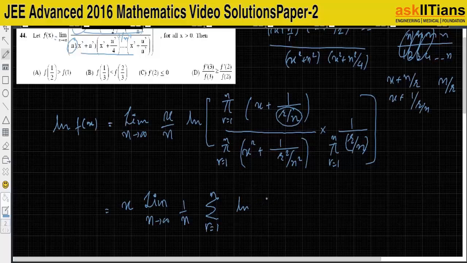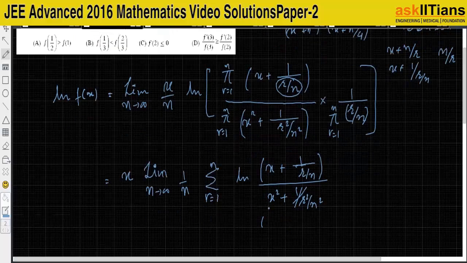So this will be nothing but x plus 1 by r by n, divided by x square plus 1 by r square by n square, and 1 by r by n, this, right?